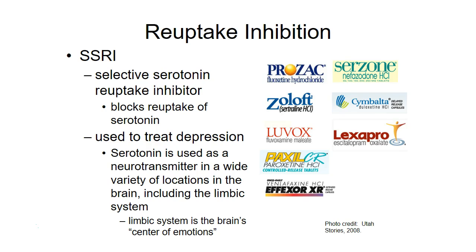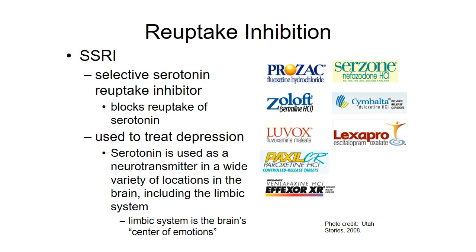If we block reuptake, is that going to go up or down? It should go up, right? We're inhibiting the amount of serotonin that can be taken back up, which means it's going to elevate. And that neurotransmitter, like a lot of neurotransmitters, is involved in a wide variety of locations.